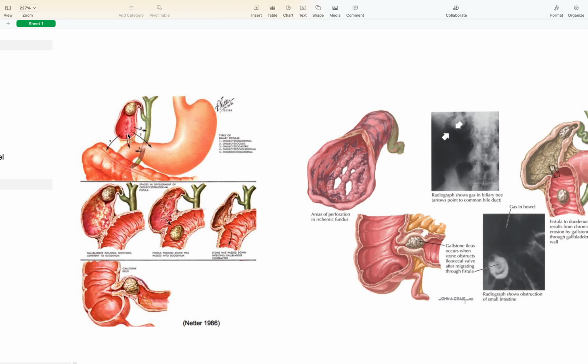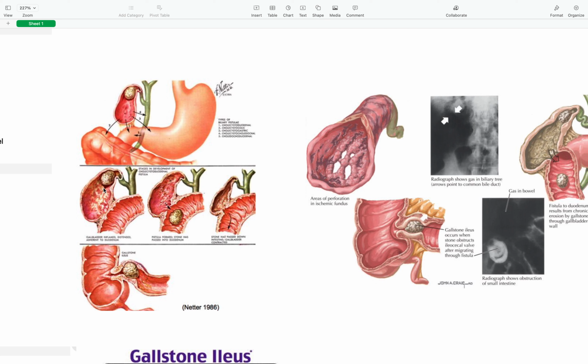Then this results in a connection between the gallbladder and the intestine, or it may form a fistula with the colon. So when there is a fistula between the gallbladder and the intestine or the large intestine, the gallstone might move from the gallbladder into the colon, or into the small intestine. When that happens, it may dislodge, like this.